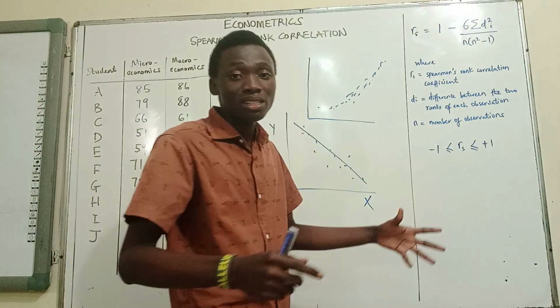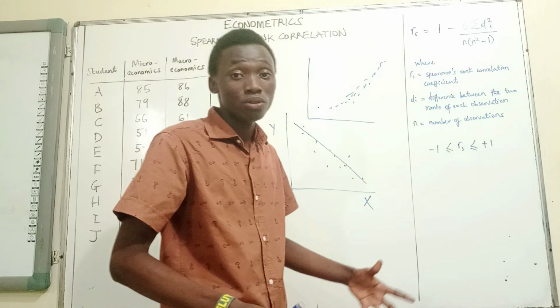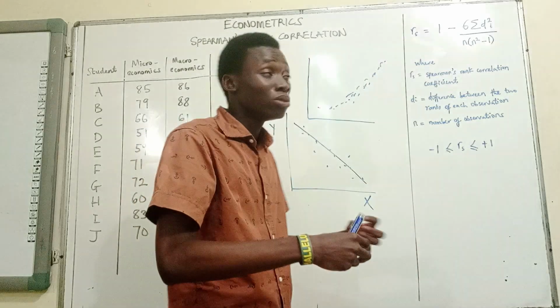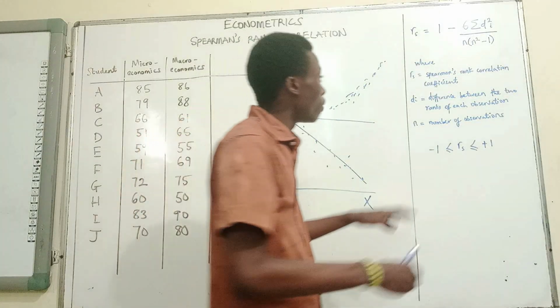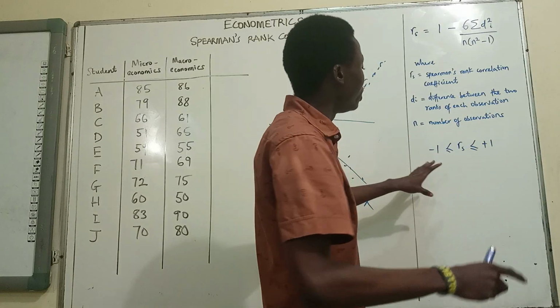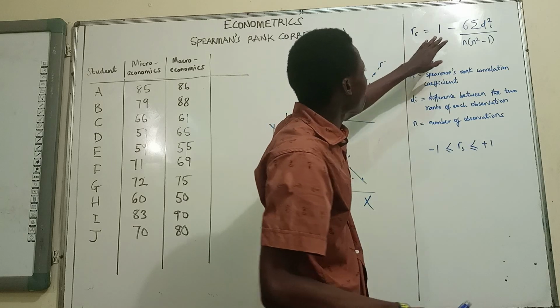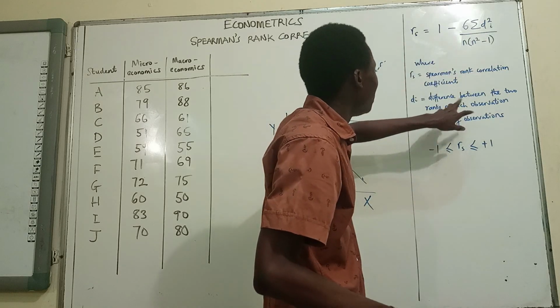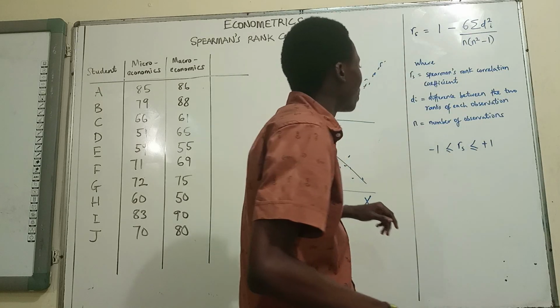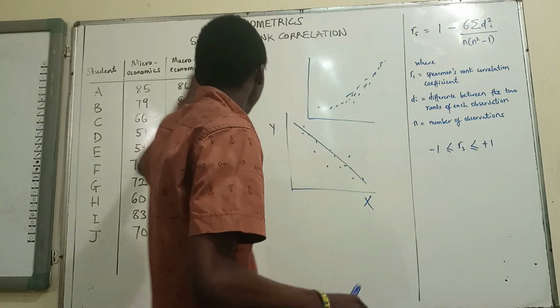And the further it is from 1 in terms of absolute value, the closer it is to 0, the weaker the relationship. So the Spearman correlation coefficient also ranges between -1 and +1. And this D here is the difference between the ranks of each observation. We'll be ranking these variables.